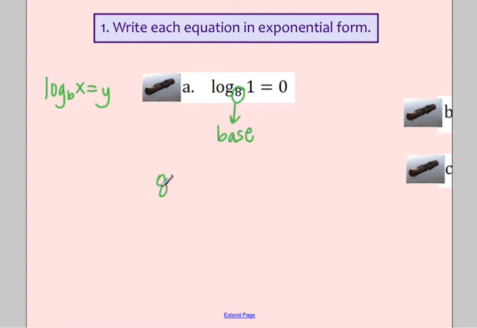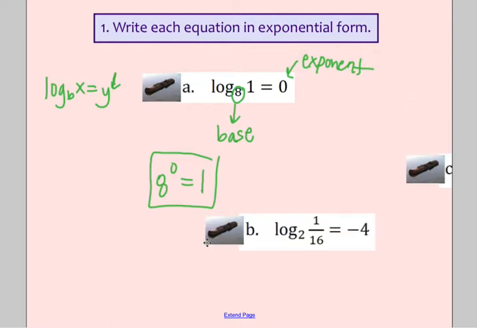I have 8 to the, my exponent, what it was equal to. This is my exponent, the y. So it's 8 to the 0, and that equals x, the answer, 1. Is it true that 8 to the 0 is equal to 1? Yes, it is. So that's my first logarithm.